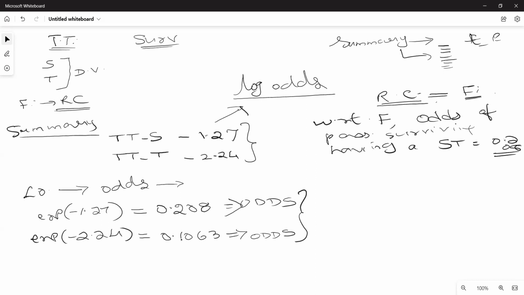So between a first class ticket and a second class ticket, who has a greater chance of survival? It is obviously the first class passenger, because for the second class passenger the odds are only 0.208. So this is how the reference class interpretation is done with respect to its dummy variables.